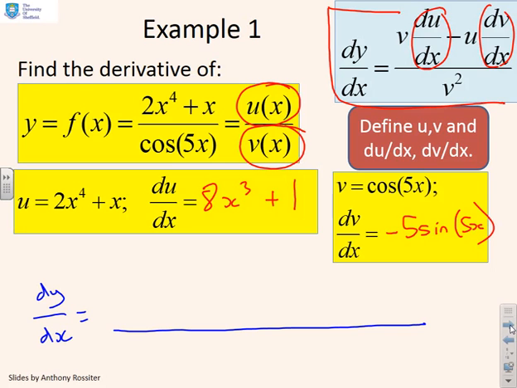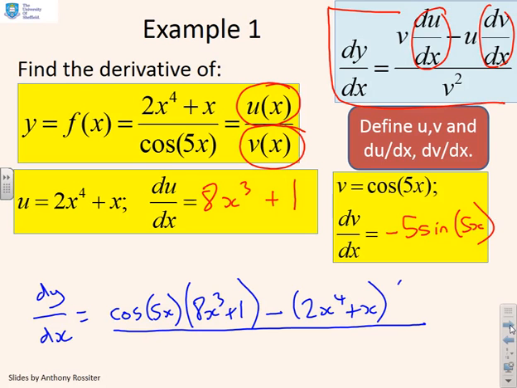First of all we get v, so that's cos 5x, times du dx, so that's times 8x cubed plus 1, and then we get minus u, so that's 2x to the 4 plus x, times dv dx, which is minus 5 sine 5x, and all divided by v squared, so we've got cos squared of 5x.